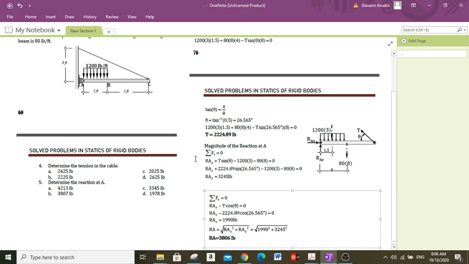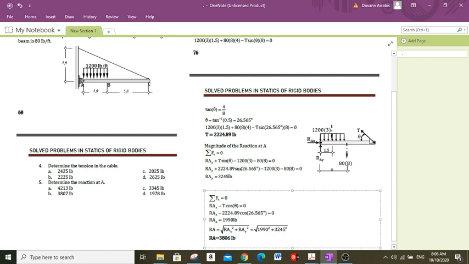So we isolate the beam, and because point A is a hinge connection, we have two reactions, the vertical and horizontal reactions, RAY and RAX, and at point C there's a tensile force.